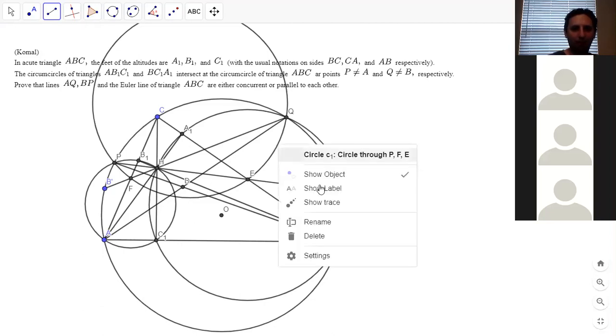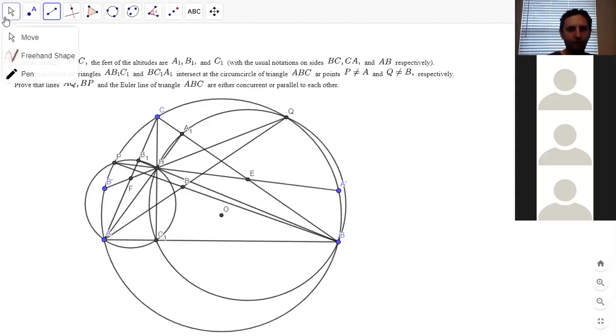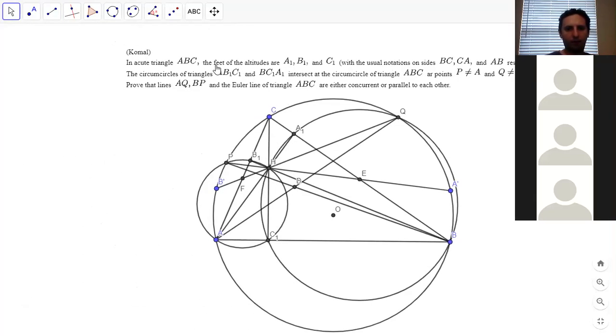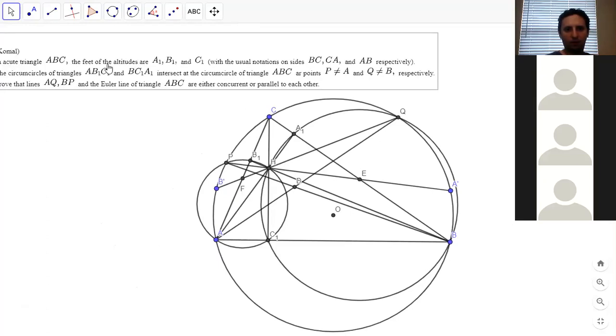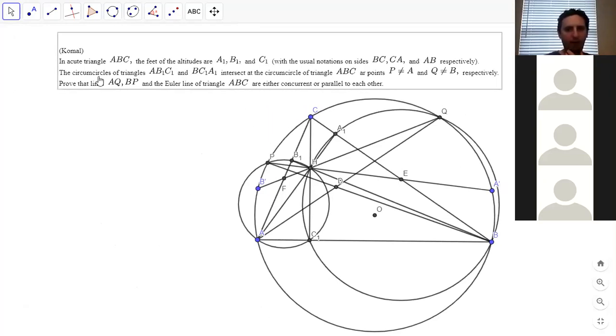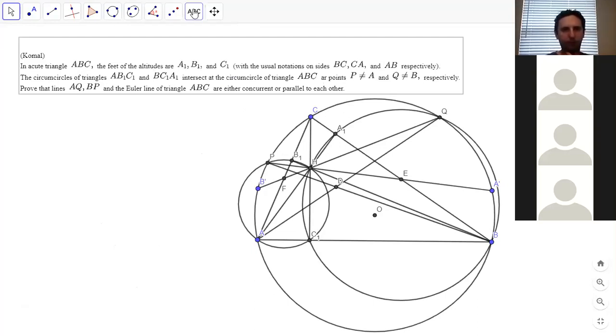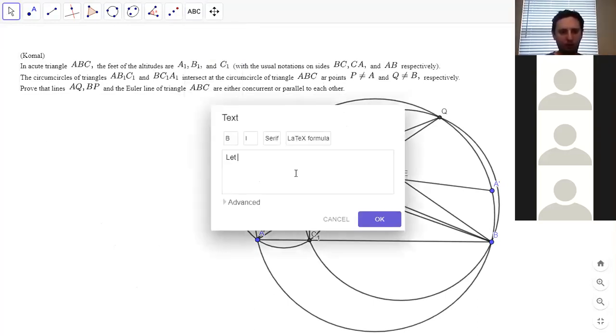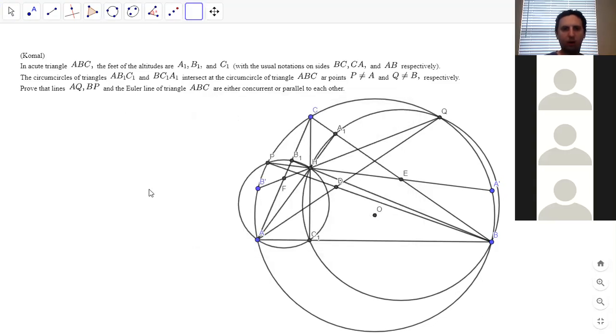Okay. So I'll write it up. So let A prime and B prime be the antipodes of A and B. And then I'll just say let H be the orthocenter.